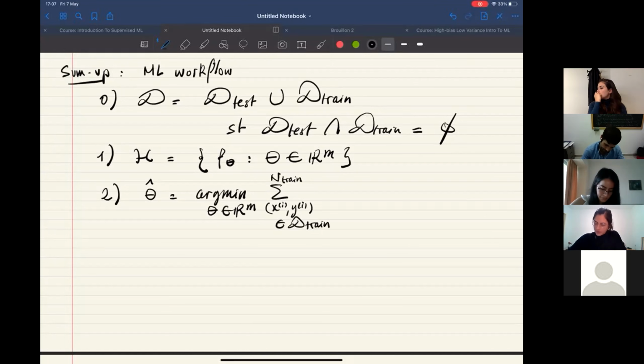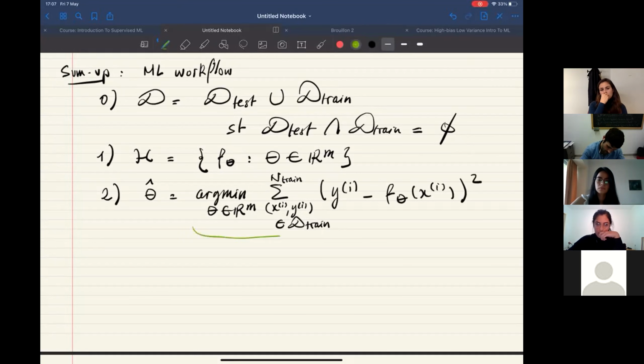And I evaluate the cost between the true outputs and my predictions according to this function that depends on theta. Okay, and this is nothing else than the training error or the in-sample error that I can think of as a function of theta.